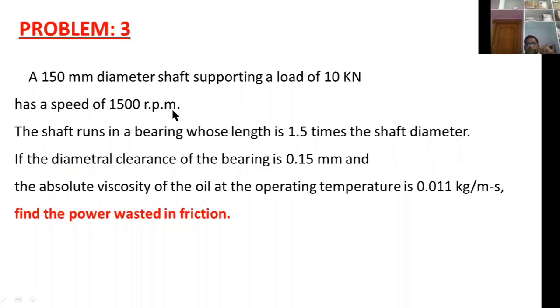The given problem is a 150 mm diameter shaft supporting a load of 10 kilonewtons.